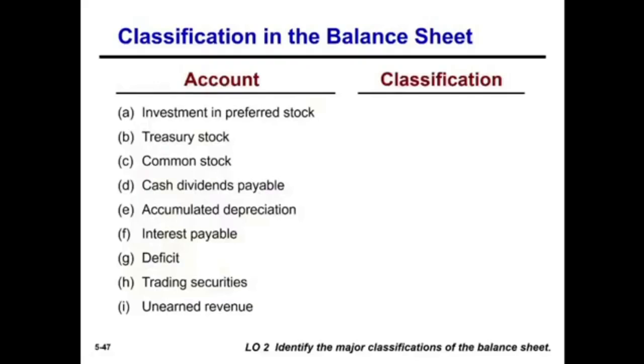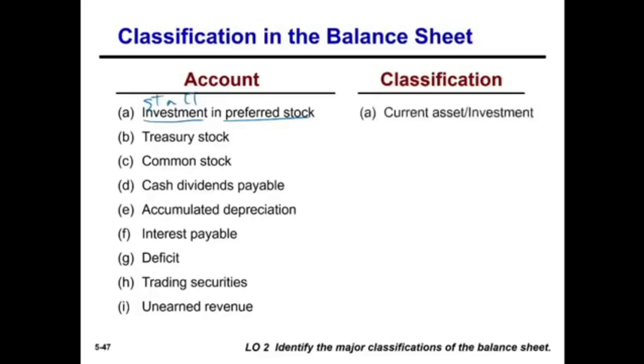Basically what we need to find out is a classification on the balance sheet. Where do these items go on the balance sheet? Well, let's start with the first one. If you have investments in preferred stock, so you bought stocks, well, think about it. We need more information, because remember, investments could be short-term or long-term investments.